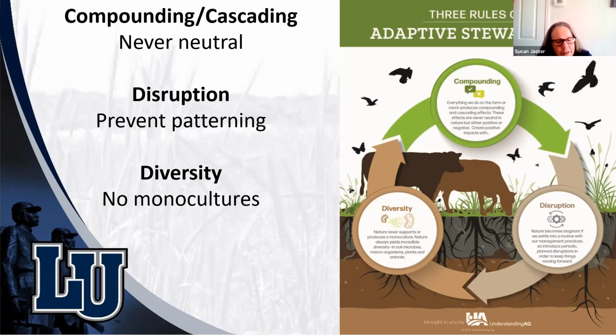Also, we want to have diversity in what's out in our pastures, including our livestock and our tiny little livestock, our subterranean livestock in the soil. So if we don't grow a monoculture, if we have a variety of plants out there, if we have a variety of livestock out there, or the numbers of livestock, anything to change it up a little bit, that helps with diversity, and that helps promote more resilience, and more redundancy. We get more.